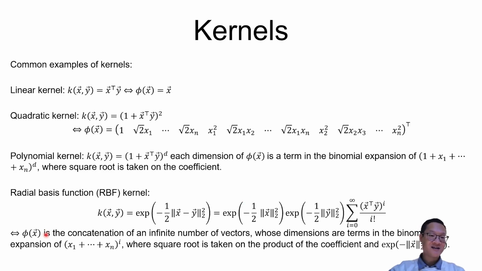It's the concatenation of an infinite number of vectors whose dimensions are the terms in the binomial expansion (x1 + ... + xn)^i, and then there are some adjustments with square roots, and the coefficient is also very complicated. So we're not going to derive this, but this is a very common kernel to choose, and it corresponds to a feature of infinite dimensions.